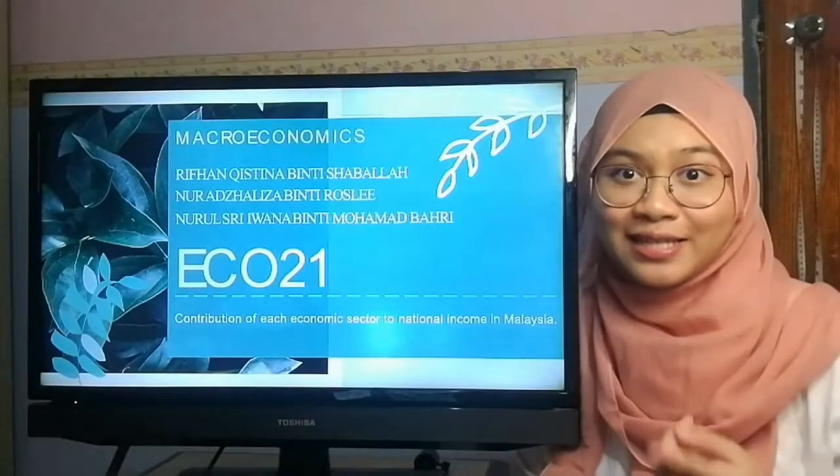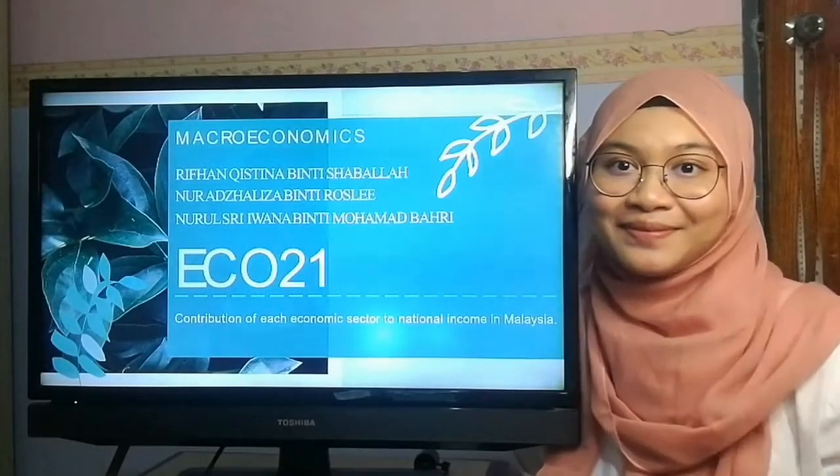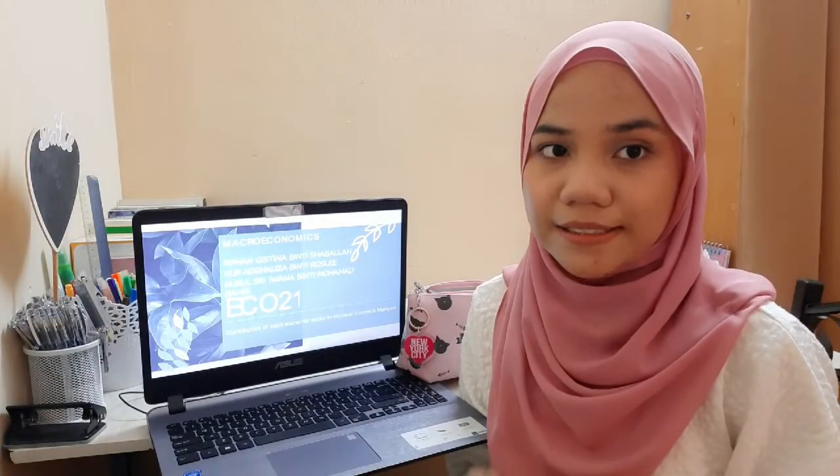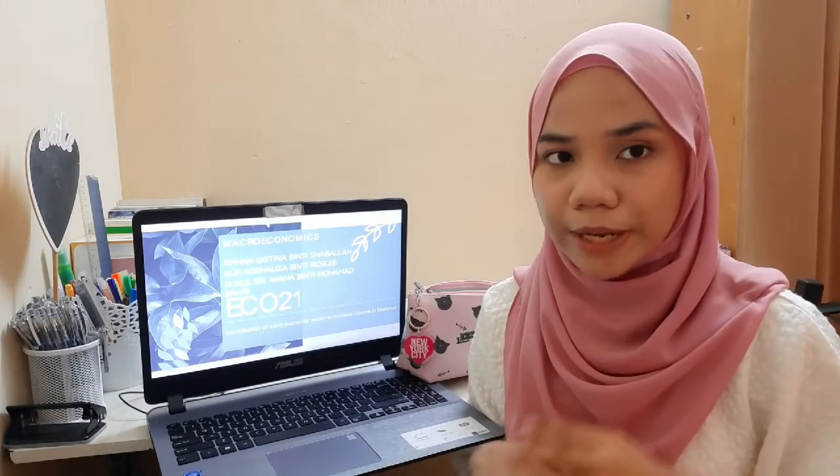For your information, there are three sectors that contribute to national income, which are the primary sector, secondary sector, and tertiary sector. So now Rifhan Qistina will proceed with the presentation on the primary sector.